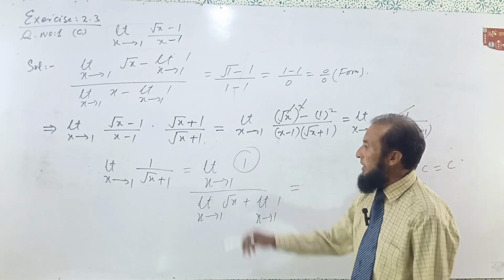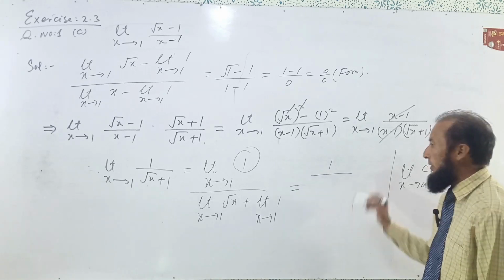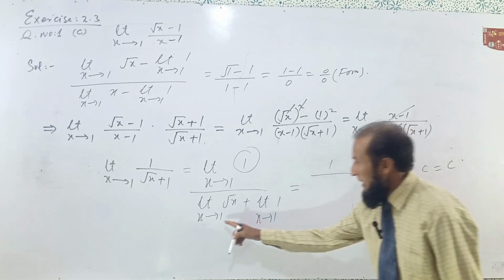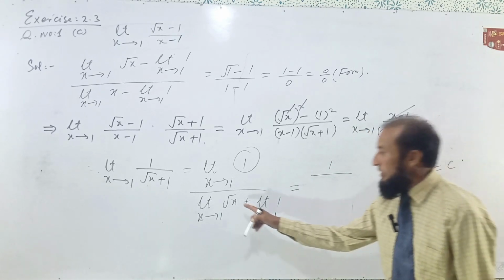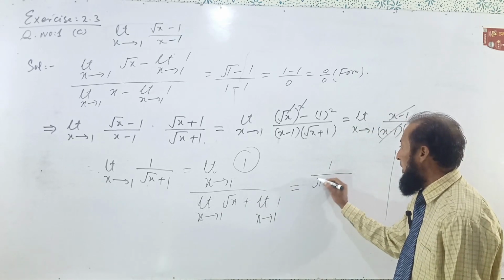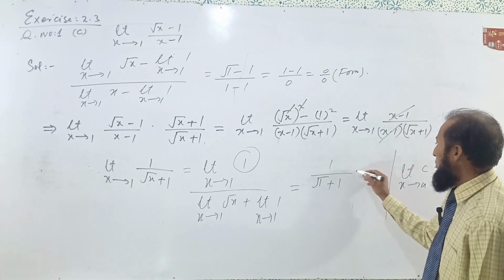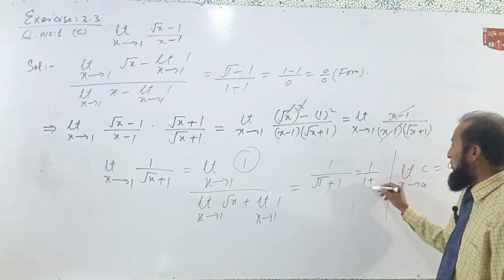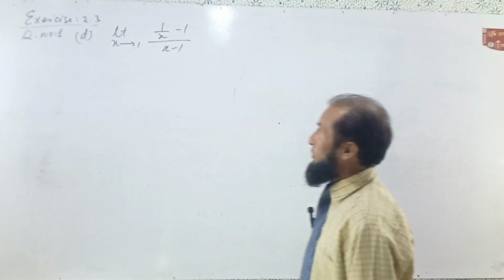Similarly here x is not available, so we write 1 divided by, and where x is present we put x equal to 1, square root of 1, plus 1. So 1 divided by 1 plus 1, and we get the answer 1 by 2.